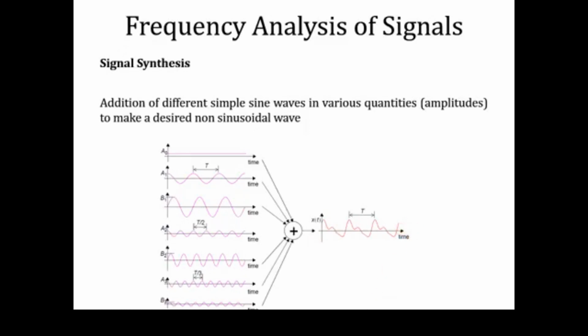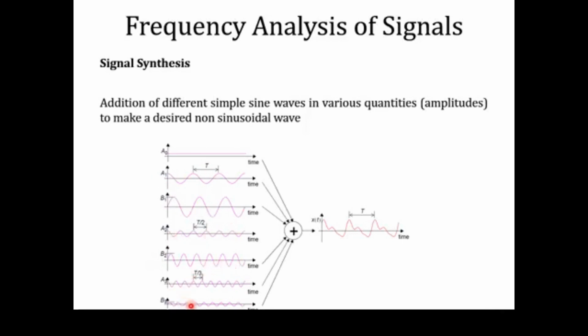If you just add some sine waves and some cosine waves, the resultant signal's average value will be 0, because the average value of these sine and cosine waves is also 0.